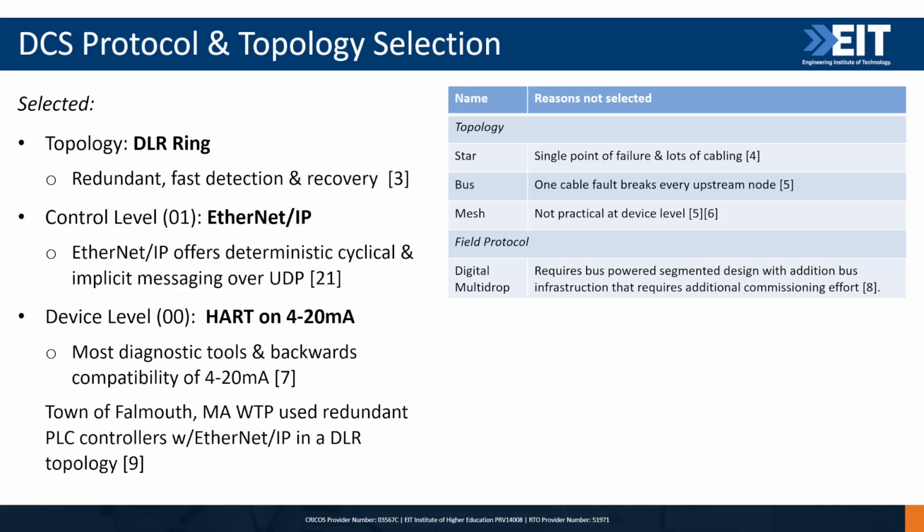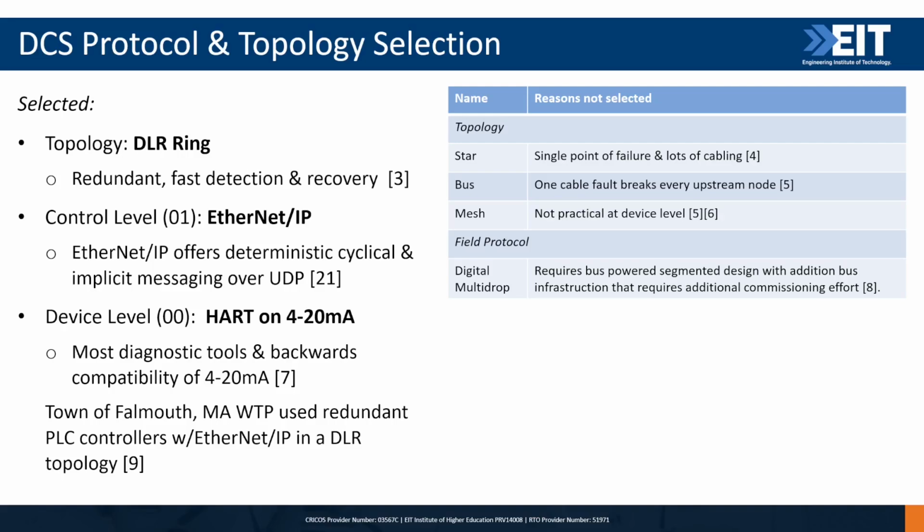It's very common in the industry, and it has the benefits of having the Internet protocol suite with TCP or UDP. So it offers deterministic, cyclical, and implicit messaging over UDP specifically for implicit messaging with fixed packet rate, which is beneficial.